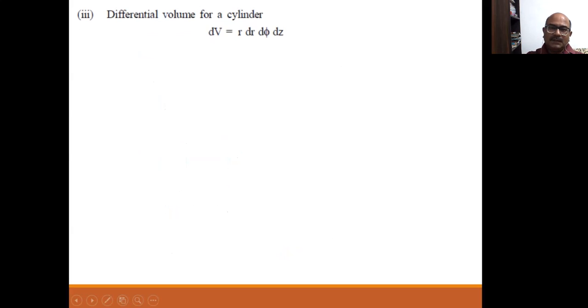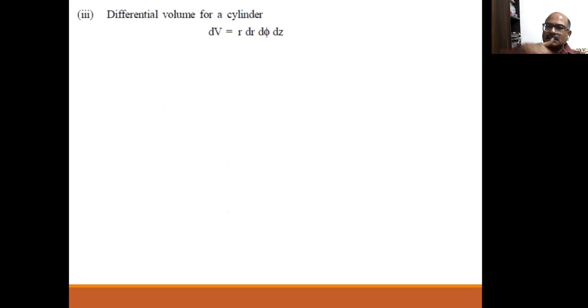Now for the third part, where we find the value of differential volume for a cylinder. If you can remember, and you can also refer to my class on the cylindrical coordinate system, we found that the value for the small volume will be equal to r dr d phi dz. And this r is the radius of the cylinder, phi is the angle of that plane, and z is the height.